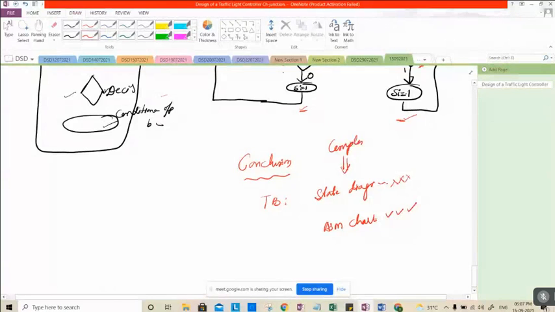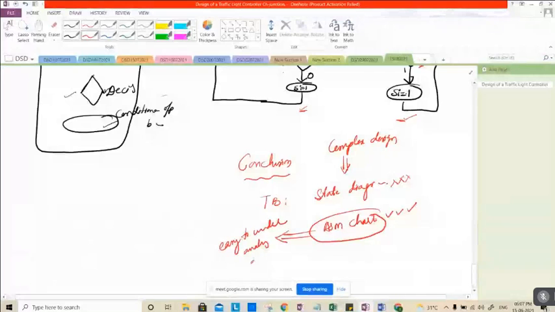For large, complex designs, ASM charts are beneficial. Why? Because ASM charts are easy to understand, easy to analyze, easy to draw, and they also give information with respect to clock timing. Comparatively, an ASM chart is easier than state diagrams.